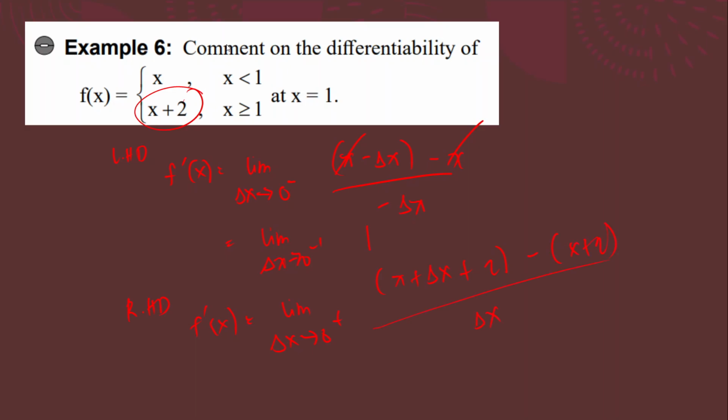Okay, so ang mangyari dyan is magka-cancel to, delta x over delta x is equals to 1. So therefore, ang left hand at saka right hand limit are equal to each other.